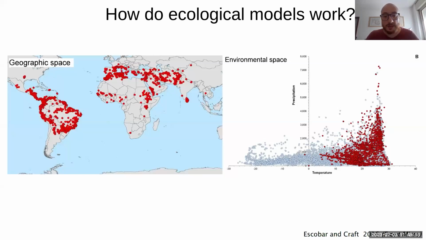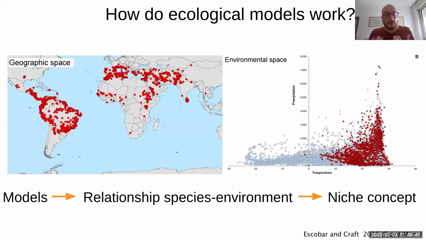But in the environmental space, this species occurs mostly between 20 and 30 degrees Celsius of temperature, and between 1,100 and 2,000 millimeters of precipitation. So it has a very well-defined range of environmental conditions in which it can occur.